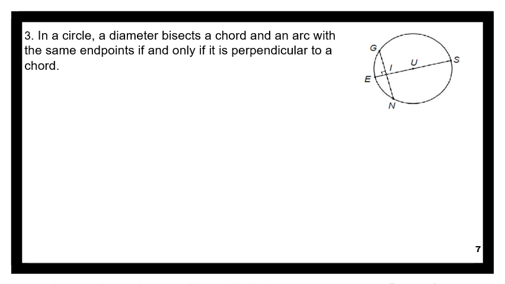So, let's have an example. In circle U, we observe that there is a diameter. The diameter is line ES. And then, there is a chord GN.